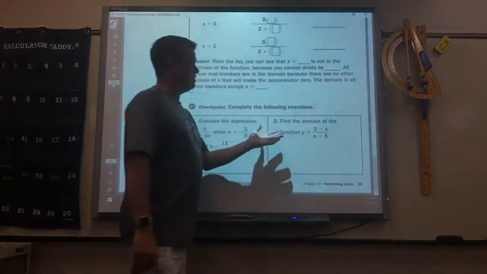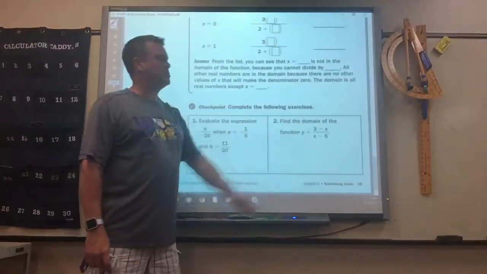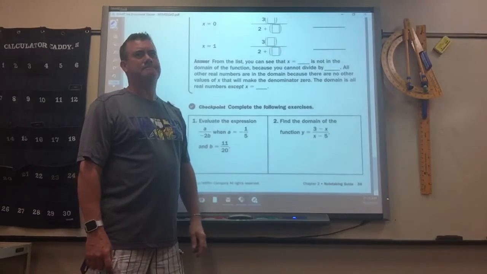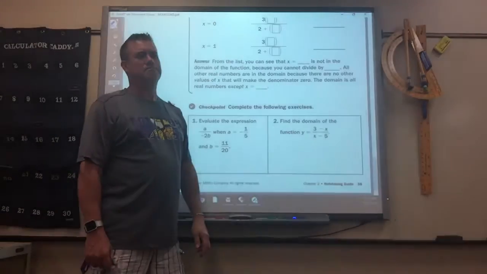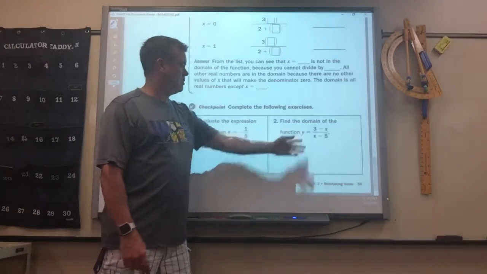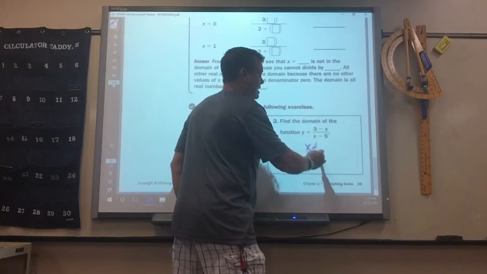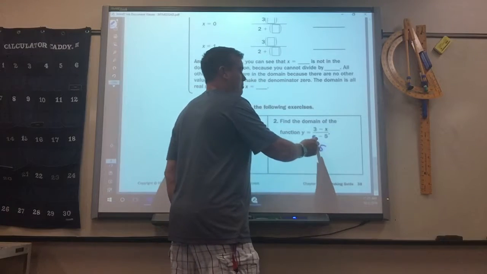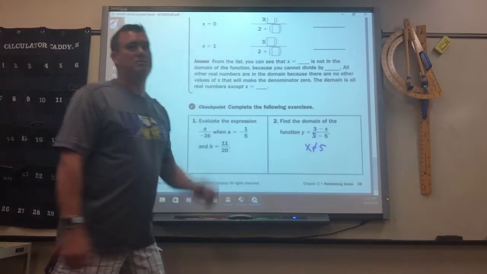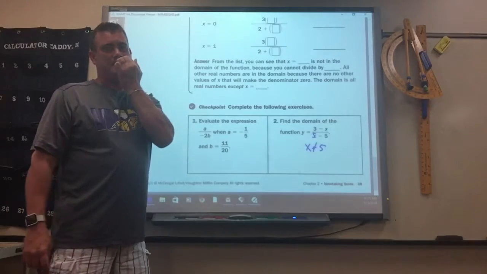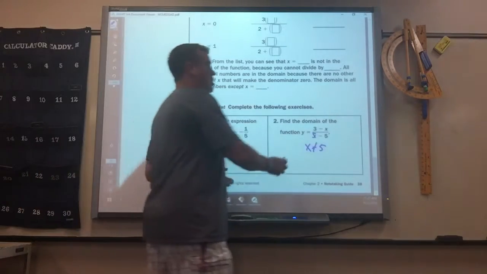So in this one, what would the domain of this function be? Anything but positive 5. x cannot equal 5, because if I put a 5 in there, 5 minus 5 is 0. Okay? So that's all you gotta write.